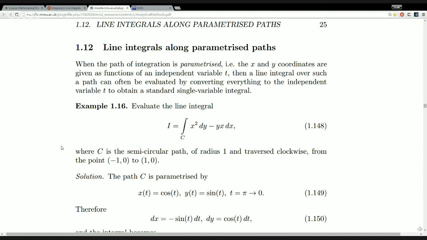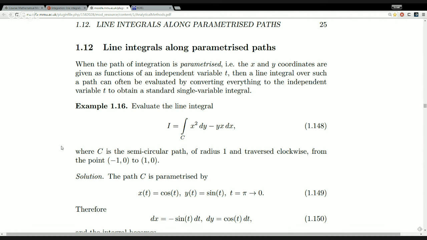Then using these parameterization functions, you get similar expressions for the differentials. Again, using the chain rule principle, dy and dx will come out as functions of t and the differential dt.